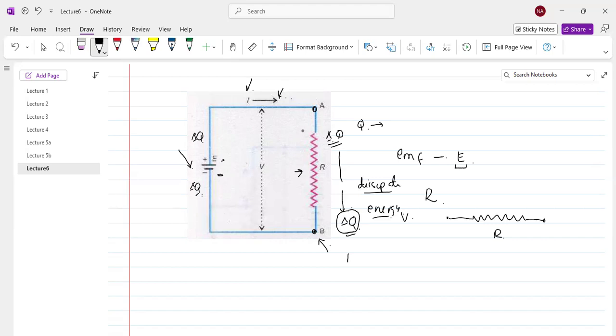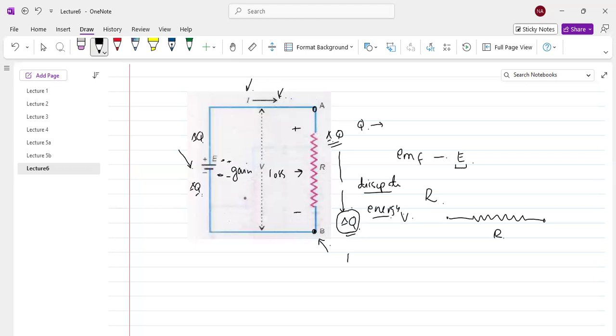This means that when charges flow from the high potential end to the low potential end, they lose energy, and when charges move from the low potential end to the high potential end, they gain energy.